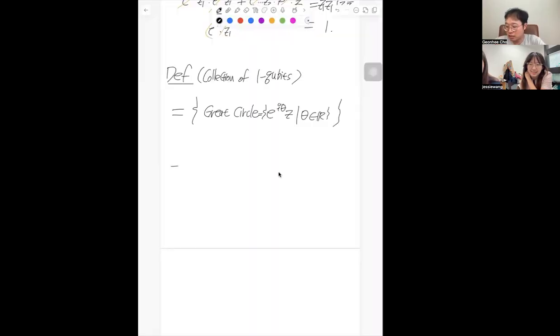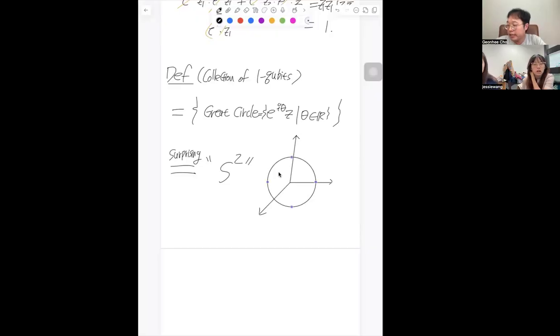This is very surprising: this becomes a two-dimensional sphere, so that we can really draw each one qubit in R3. This is called the Bloch sphere.